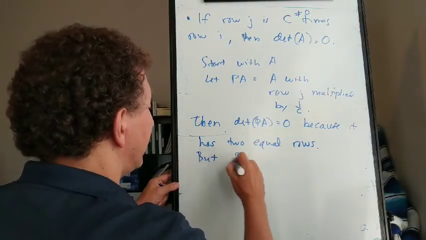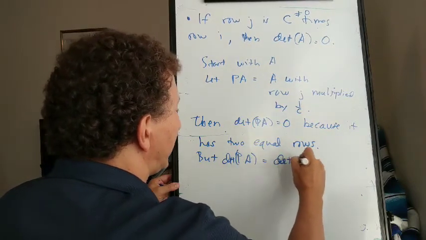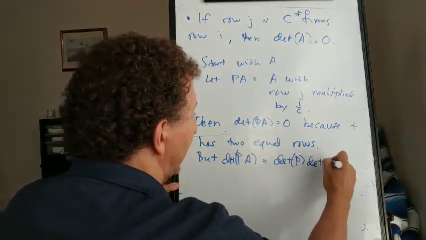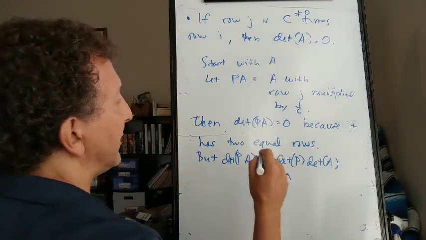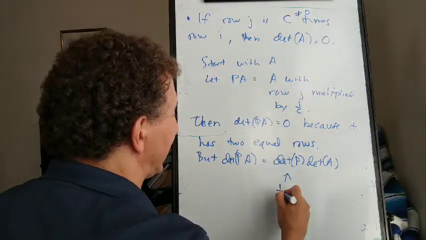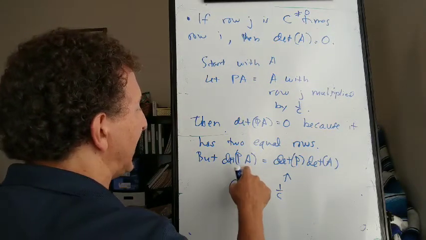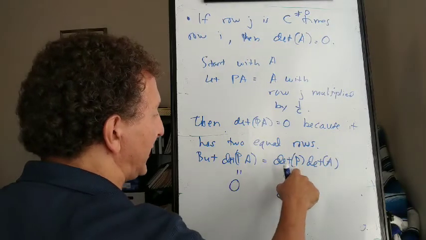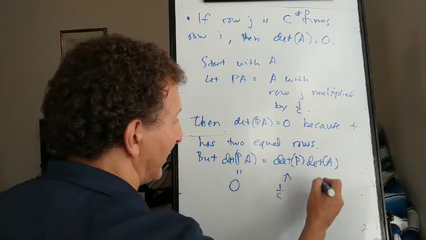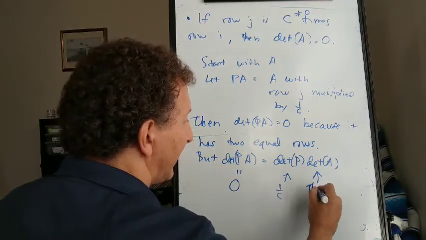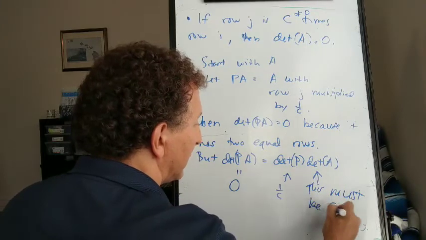But the determinant of PA is determinant of P times determinant of A. Now the determinant of P is 1 over c. If the determinant of PA is 0 and the determinant of P is 1 over c, then we've got 0 equals 1 over c times something. So that something must be 0.